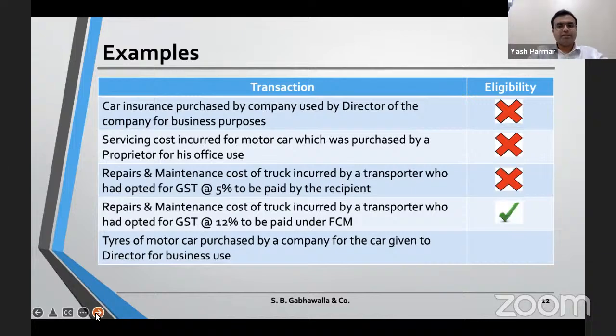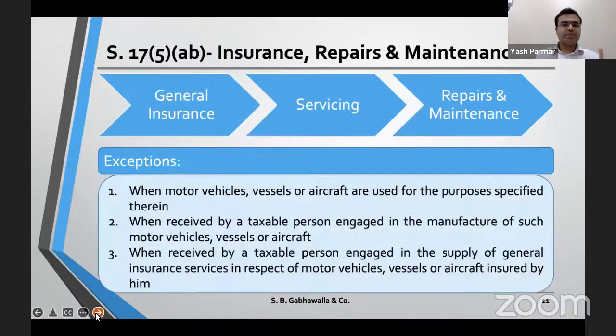The last example, this example is very important. Tires of motor car purchased by a company for the car given to director for business use. Now let me again go back to the slide and tell you that ITC is blocked only for these three items. First one being general insurance, second being servicing, third one being repairs and maintenance.